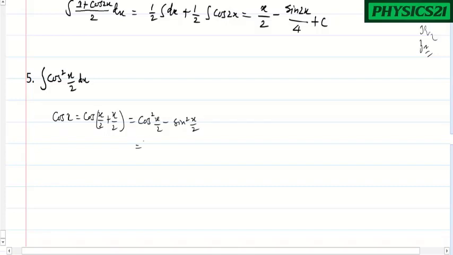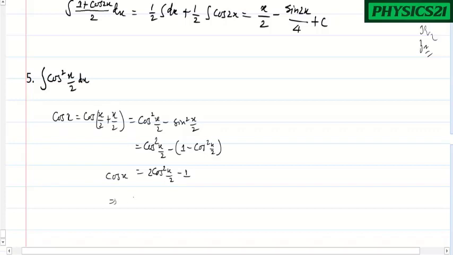Now to find the value of cos square x by 2, we write cos square x by 2, and in place of sin square x by 2 we will substitute 1 minus cos square x by 2. Now simplify it, so there is 2 cos square x by 2 minus 1. This is the value of cos x.